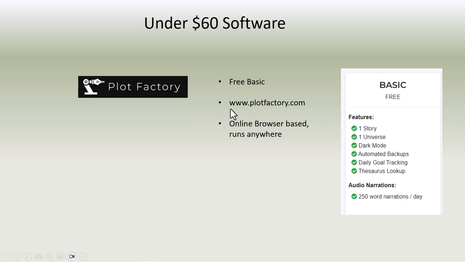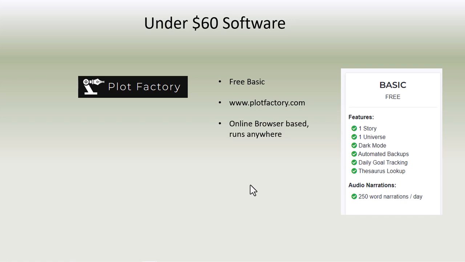Now this is available at plotfactory.com. It is online. It's based in a browser, so you can basically run it anywhere you want. And so that is Plot Factory. Now, of these 2 programs, I think they both have their uses. If you want something more for tracking all your characters and want to be able to go anywhere with it, something new and modern that's still being updated, then Plot Factory.